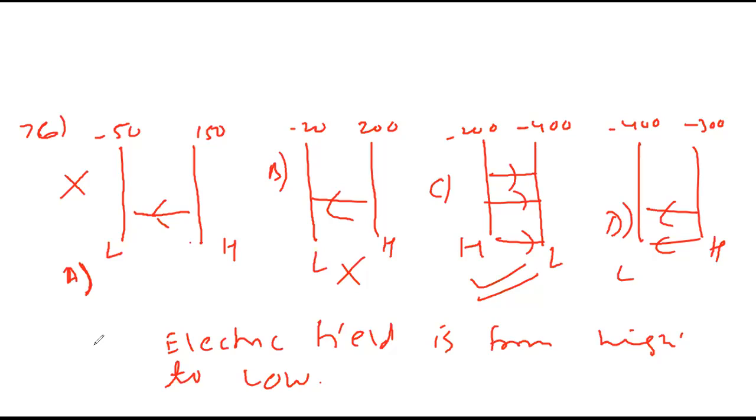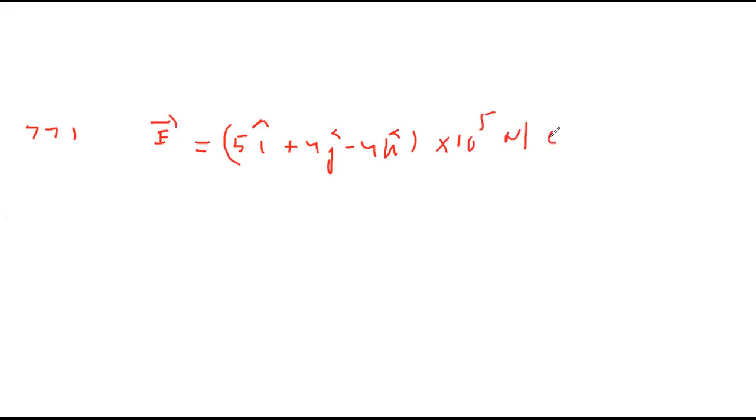The electric field in a certain region of space is given in vector form as E bar is 5i cap plus 4j cap minus 4k cap, into 10 raised to 5 newton per coulomb.